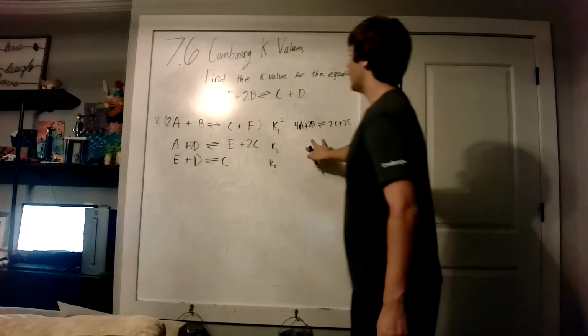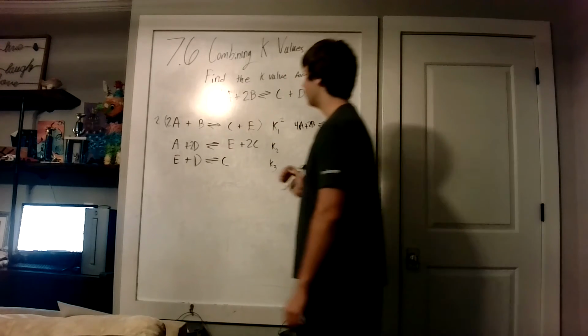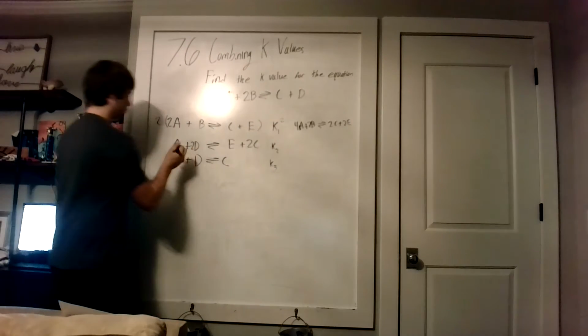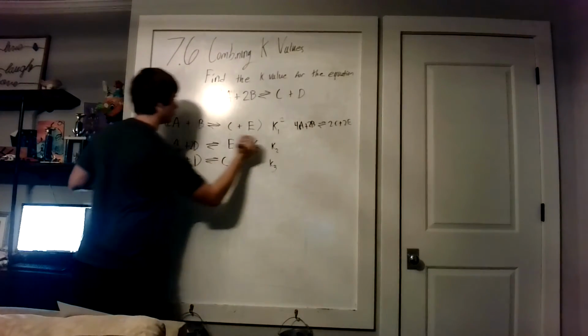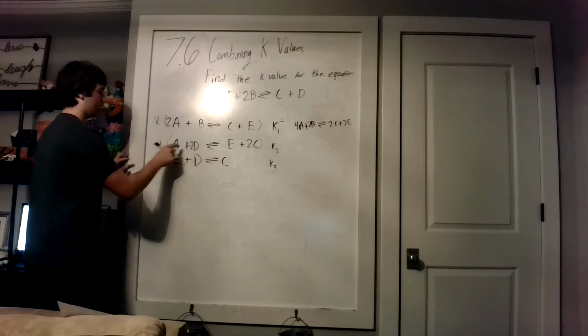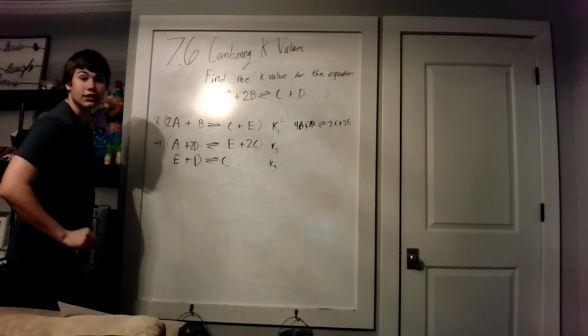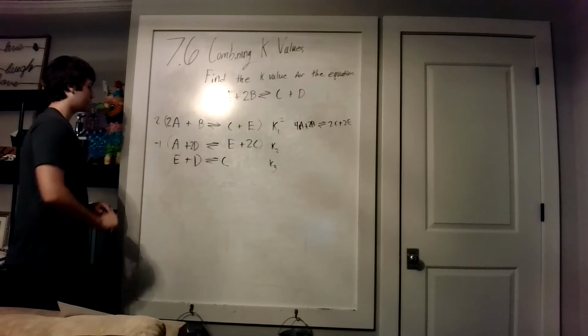So now that we have 4a, we need to get rid of an a so that we can go back to 3, like we have in the overall. So I'm going to multiply this by -1 to signify reversing it, so we can put an a in the product to cancel out one of these a's in the reactants over here.